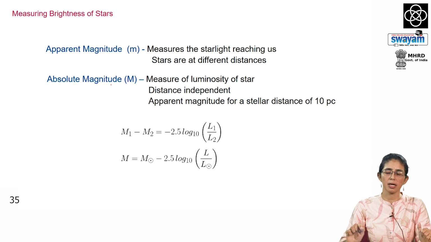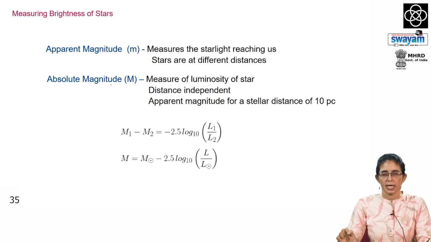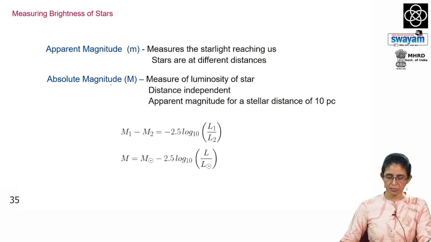Therefore, if you know the absolute magnitude of a number of stars, the one that is brighter is also more luminous. And this leads us to the relation m1 minus m2, where absolute magnitude is denoted by capital M, is equal to minus 2.5 log 10 of L1 by L2, where L1 and L2 correspond to the luminosity of the stars.